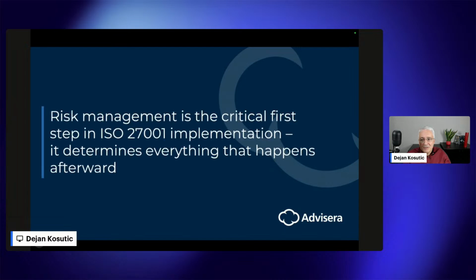Risk management is really the critical first step in 27001 implementation. As I mentioned, it determines lots of things later on. If you do this risk assessment and treatment inadequately, then you will have lots of problems later on.